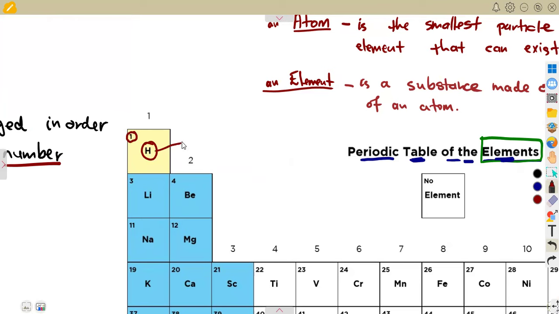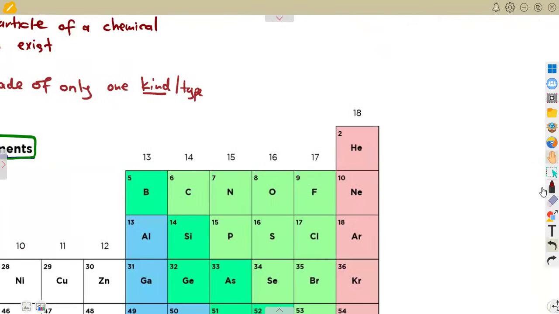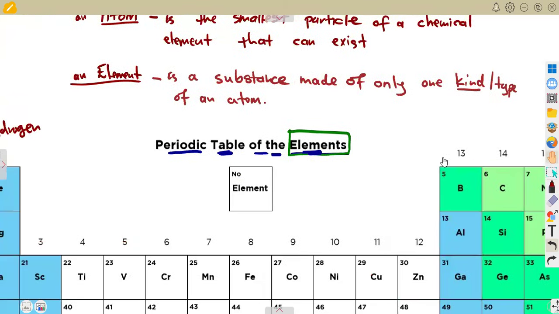So this is your hydrogen. If you move to the second one, with atomic number 2, what is it that we have there? This is our helium. So this is number 2, and so on.